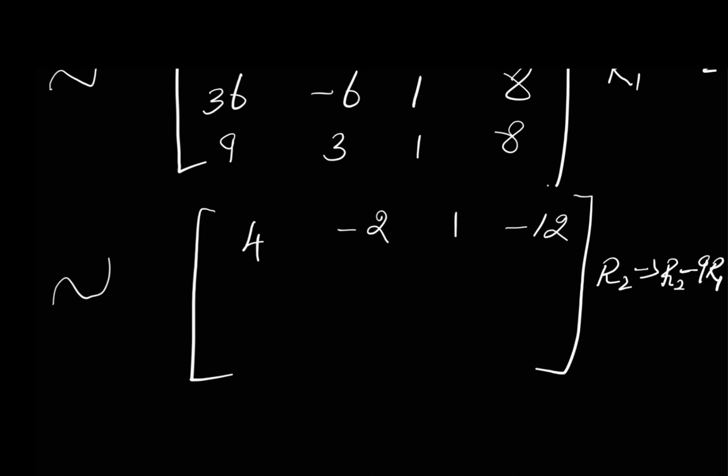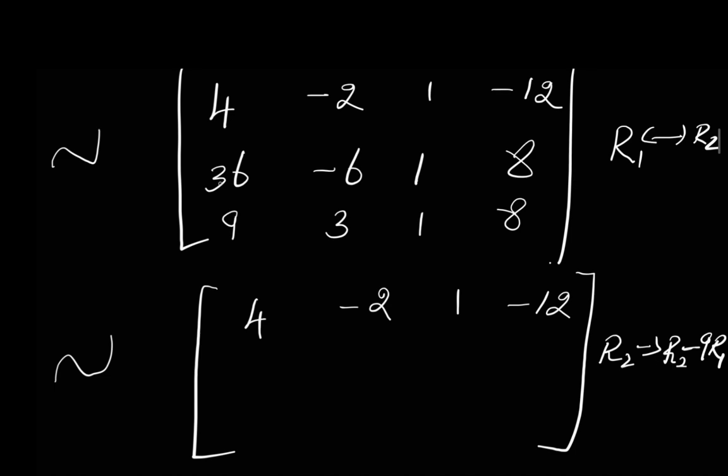So here 36 minus 36, 0. Minus 9 times minus 2 is plus 18. Plus 18 minus 6, that is equal to 12. Then this is minus 9 plus 1, that is minus 8.